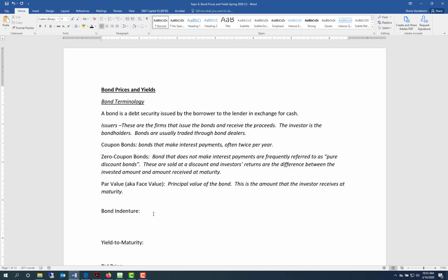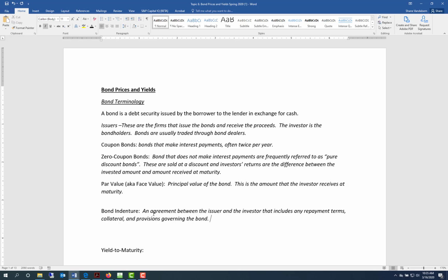The bond indenture is an agreement between the issuer and the investor that includes any repayment terms, collateral, and provisions governing the bond.